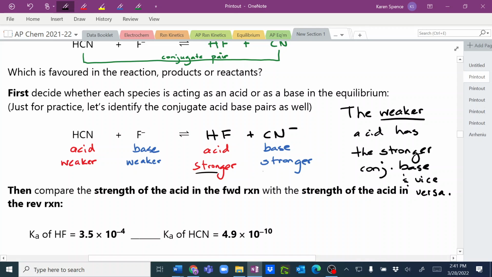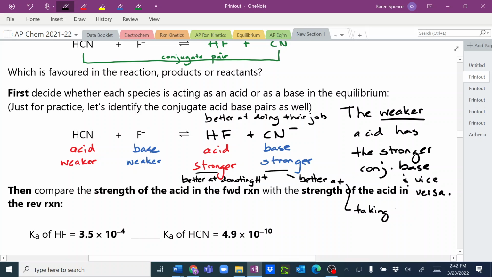If these guys are stronger, it means they are better at doing their job. HF is better at giving away protons, and CN minus is better at taking protons.